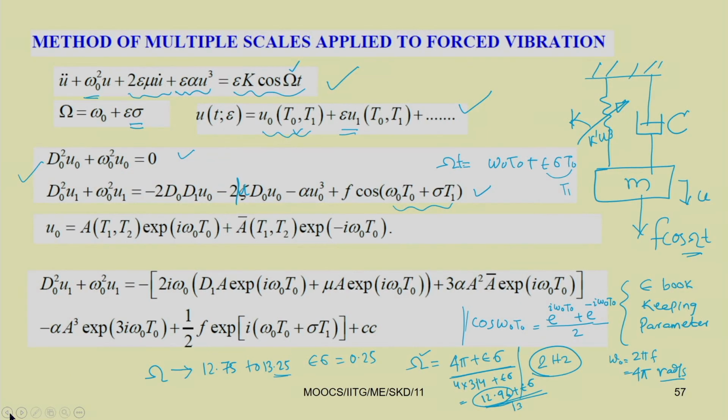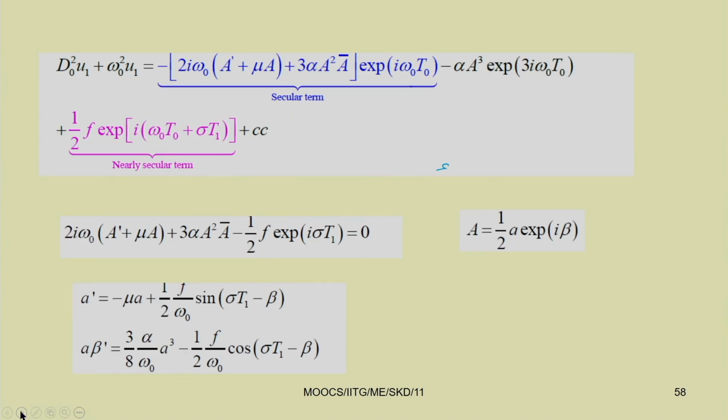Here you can note there are many terms with e to the power i omega 0 t0, so we can combine all of these and write the expression again: d0 square u1 plus omega 0 square u1 equal to minus 2 i omega 0 a dash, where d1 a is written as a dash, plus mu a plus 3 alpha a square a bar e to the power i omega 0 t0, minus alpha a cube e to the power 3 i omega 0 t0, plus half f e to the power i omega 0 t0 plus sigma t1, plus its complex conjugate.